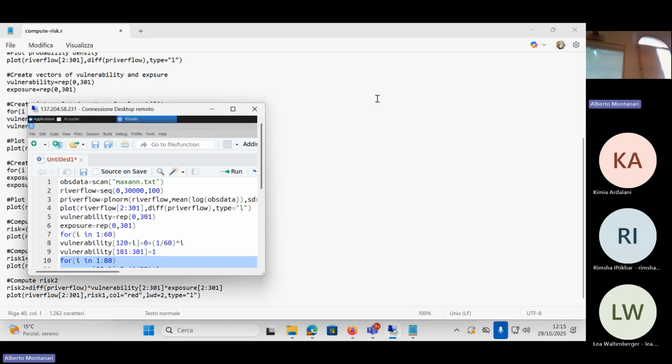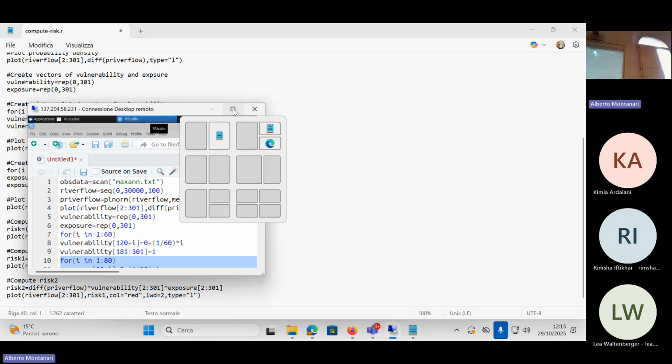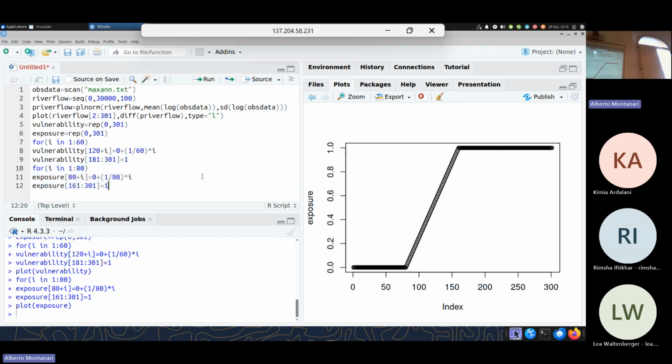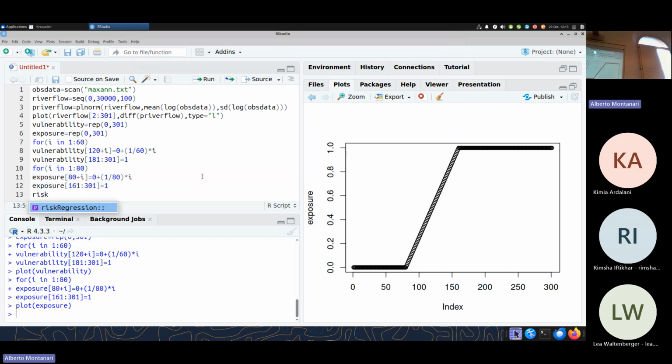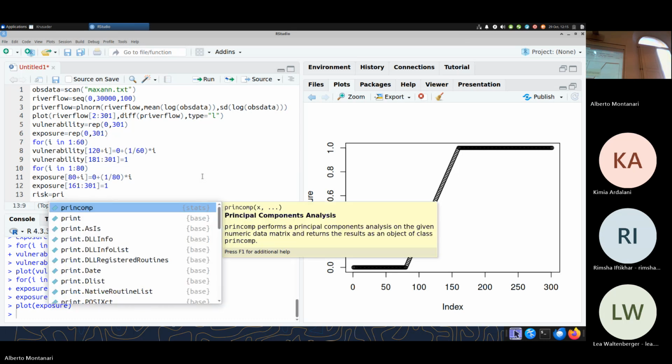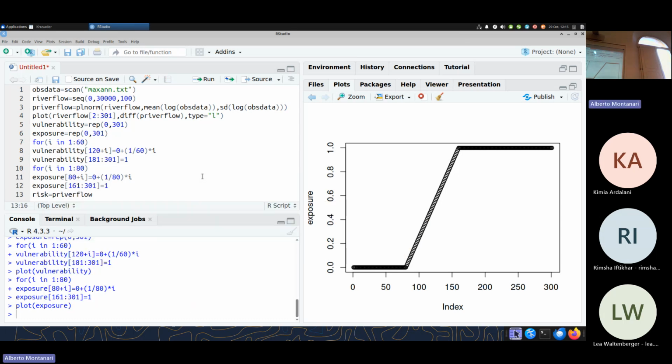Let's make it here. Risk is equal to P river flow times vulnerability times exposure.